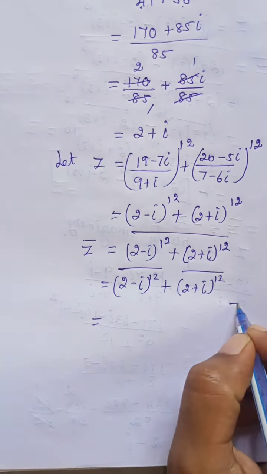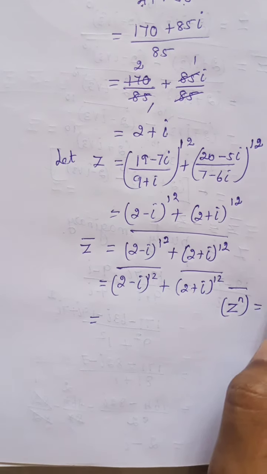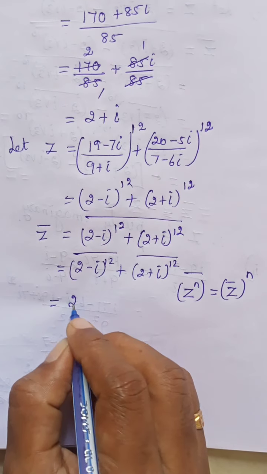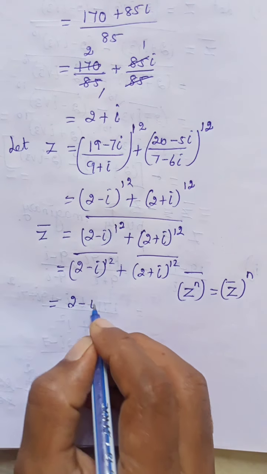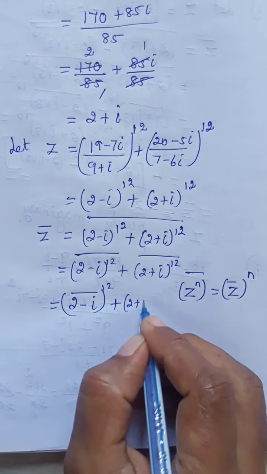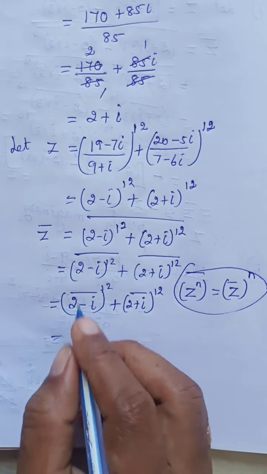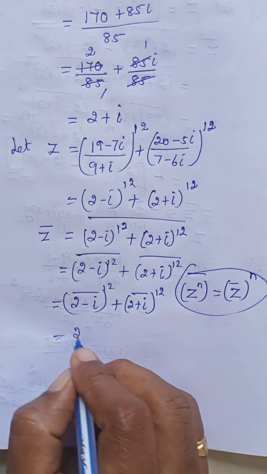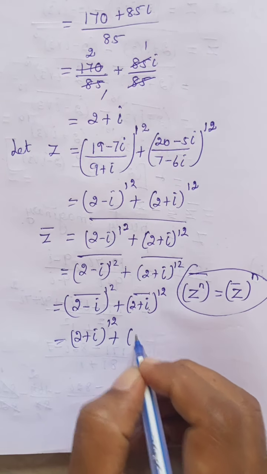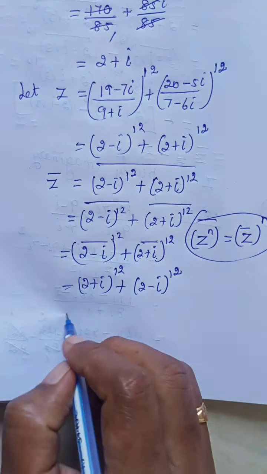Now, as per the condition, Z power n the whole bar can be written as Z bar the whole power n. So we get 2 minus i bar the whole power 12, plus 2 plus i bar the whole power 12. The conjugate of 2 minus i is 2 plus i, and the same way the conjugate of 2 plus i is 2 minus i, the whole power 12, with plus in between.